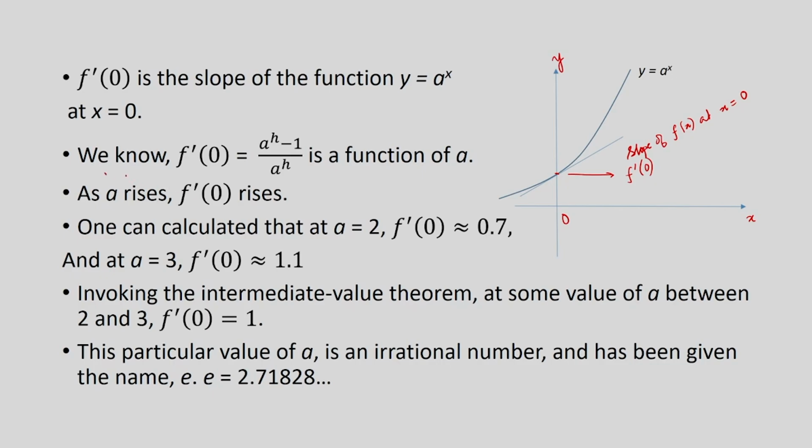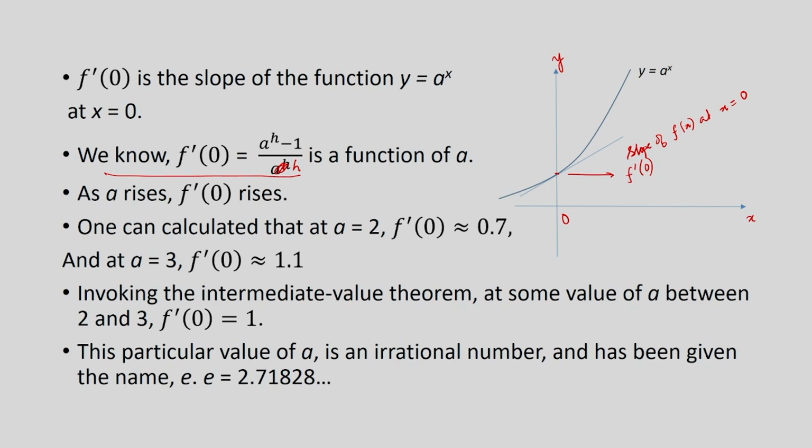Now, we know that f dash of 0 is equal to the limit of a to the power h minus 1 divided by h, and this is a function of a.